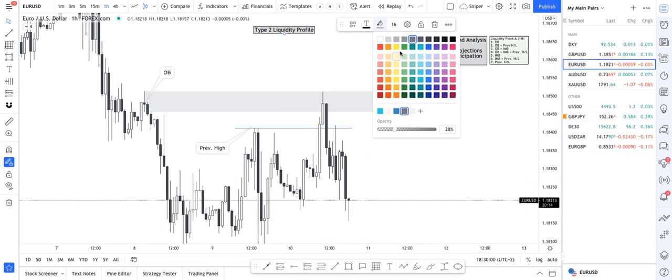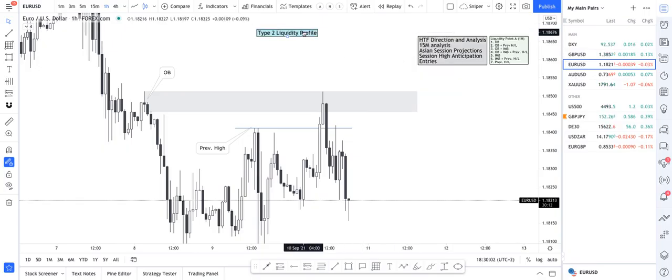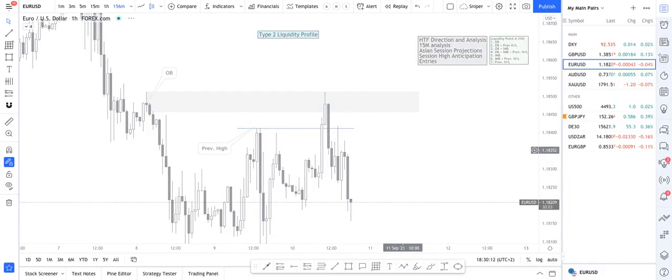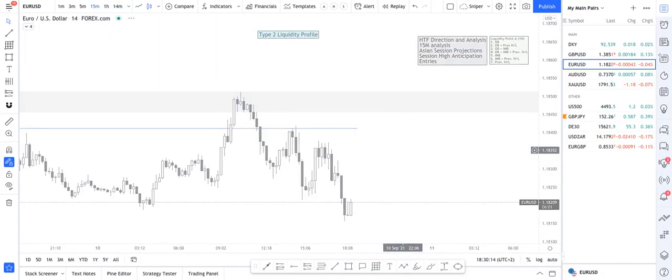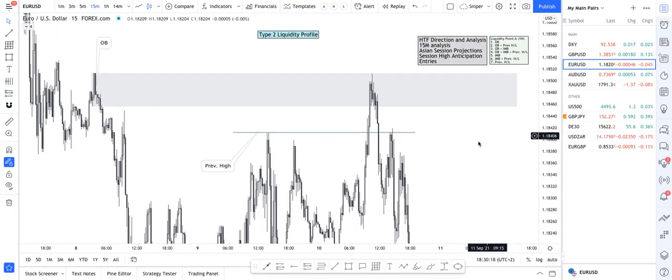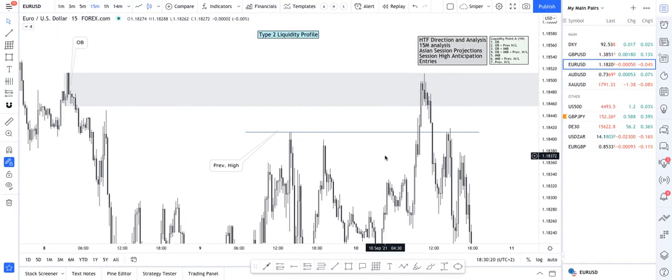So potentially, well, we see it worked out, but we have a type 2 liquidity profile, which is an order block and a previous high low on the 1 hour. So then we drop to the 50 minutes. It does seem like cherry picking, but it's not, so you'll understand now.